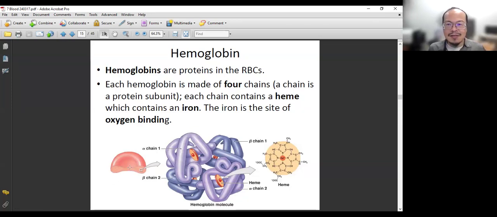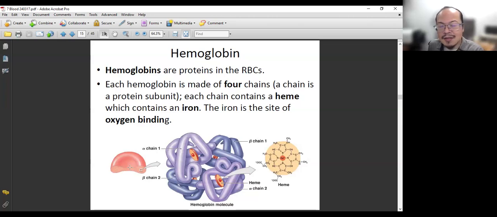When a cell differentiates into different cells, we talked about that, it defines its calling. How do we know it served its calling? We see what it produced. And when the red blood cell serves its calling, it produces hemoglobin.